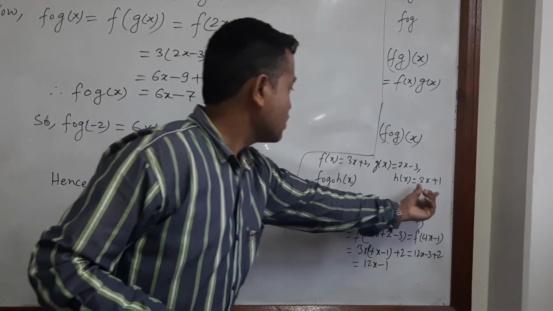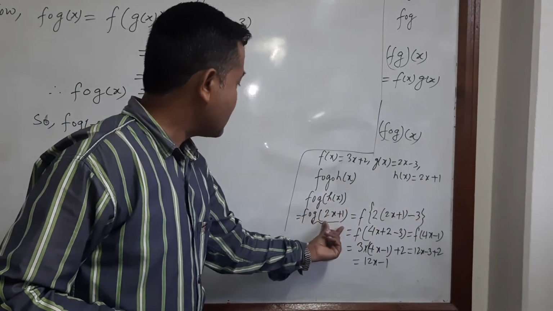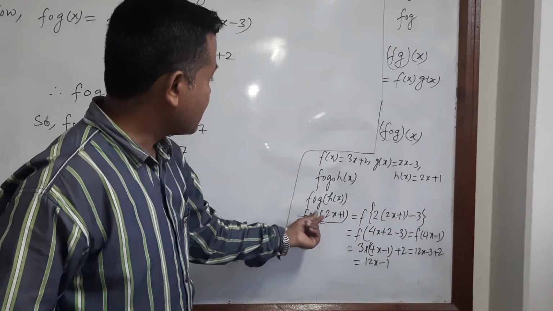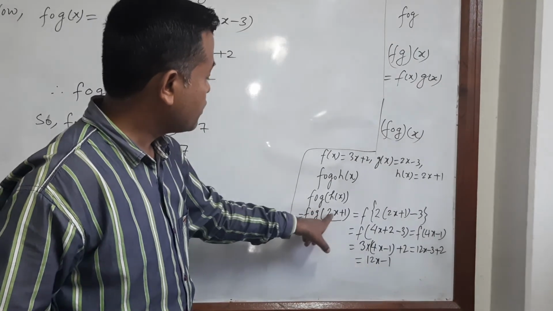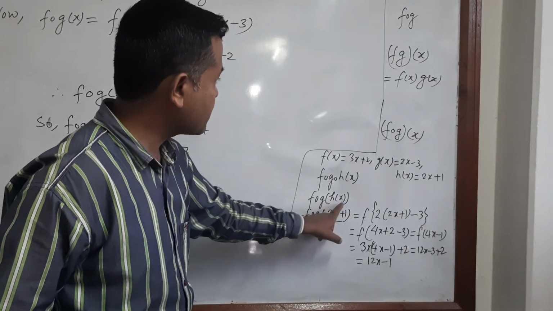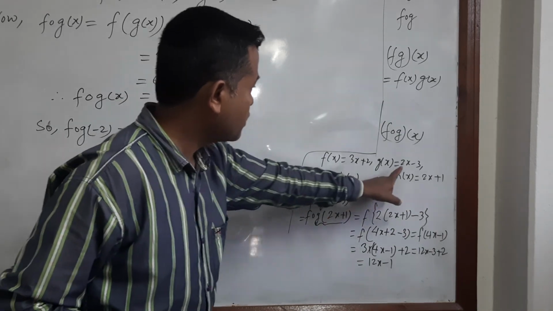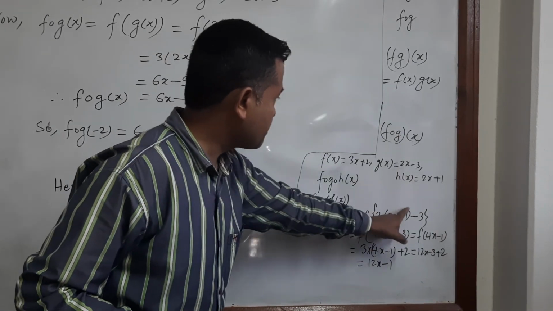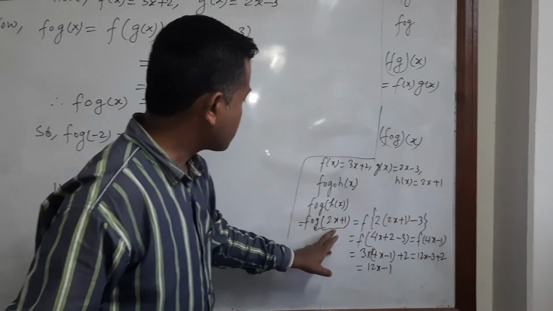Here h(x) is 2x plus 1, and now we have to find g of 2x plus 1. In place of x we have 2x plus 1, so this x should be replaced by 2x plus 1.